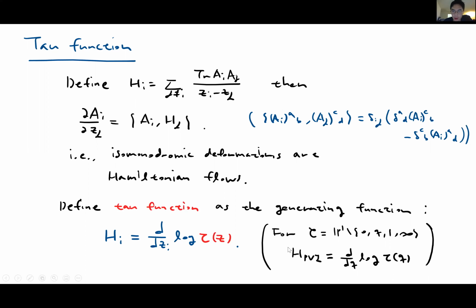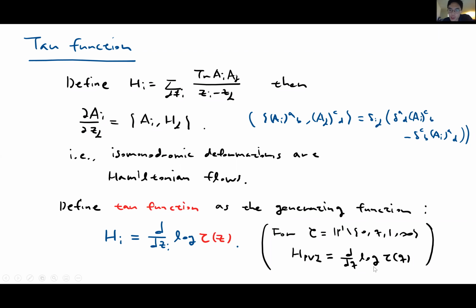So for our case, the four-puncture sphere, we have only one variable q, because we fixed the other positions of the poles at 0, 1, and infinity. And the statement becomes: the Hamiltonian for Painlevé VI is d over dq of log tau.